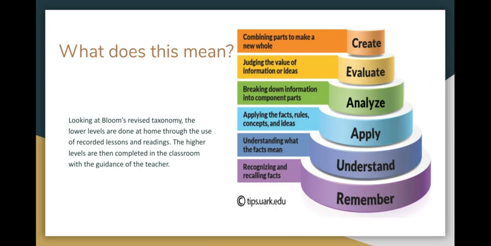With the flipped classroom, those lower Bloom levels are achieved by the students on their own in the teacher-created or assigned pre-homework. Once the students physically go back into the classroom, it is then that some of those higher levels of thinking, such as application, analyzation, and evaluation, occur with the guidance of the teacher.